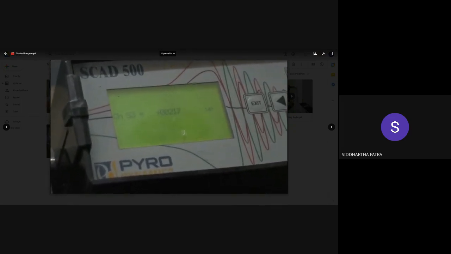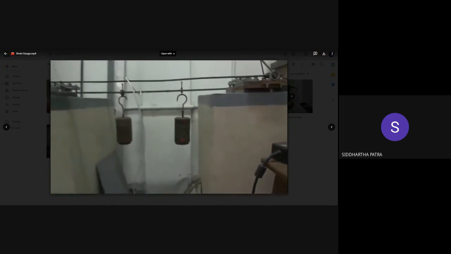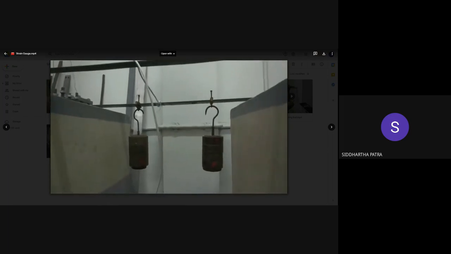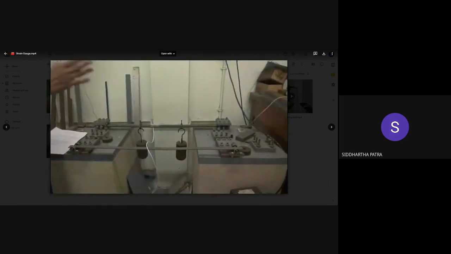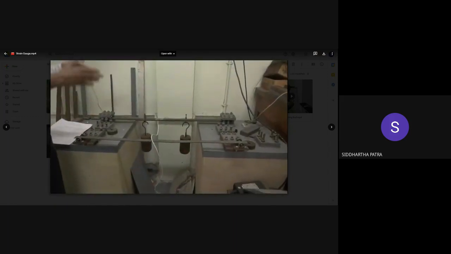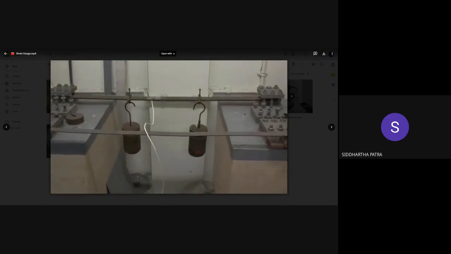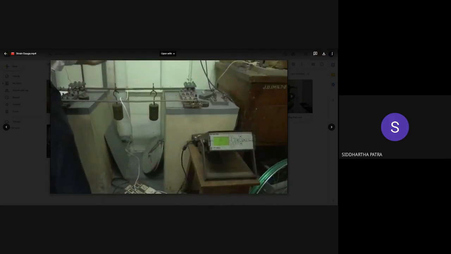Now loading has been applied in ascending order, that is from 0 pound to 1 pound, then at a step of 2 pound, loading has been increased up to 9 pound at each loading location. Now apply the load in decreasing order, that is, we will gradually decrease the load at equal steps as in the ascending run.